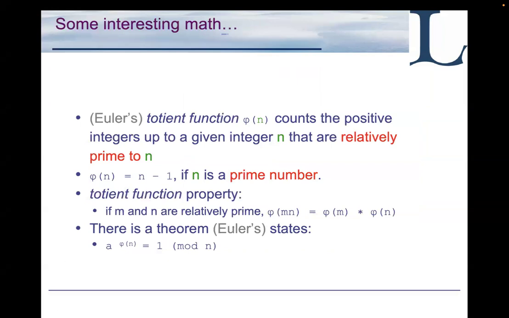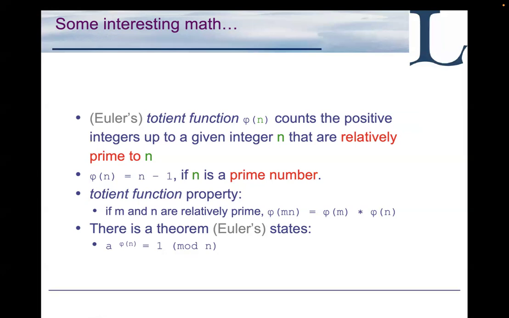Let's define the last interesting number, which is called the totient function. In our context it will be denoted by phi, and it counts all integers which are relatively prime to some given integer, just the total number of numbers relatively prime to a certain number.